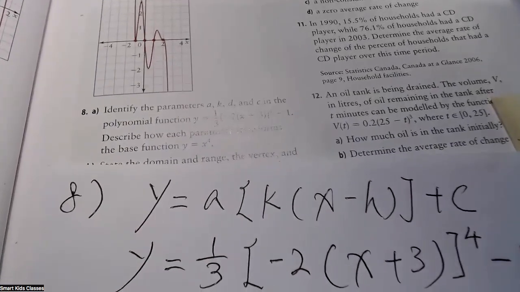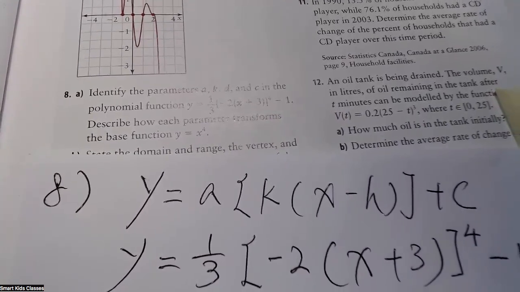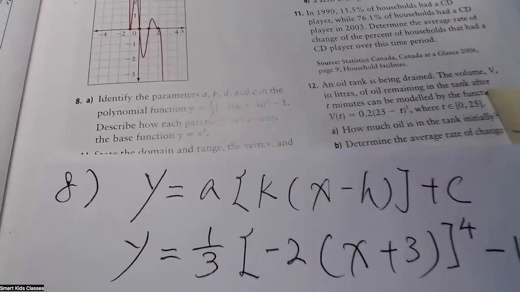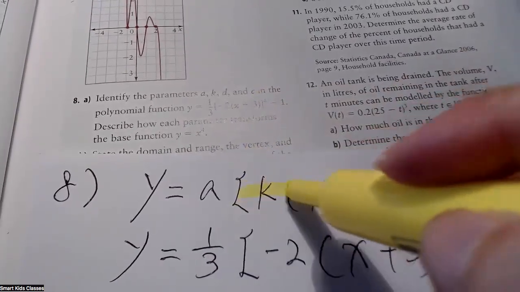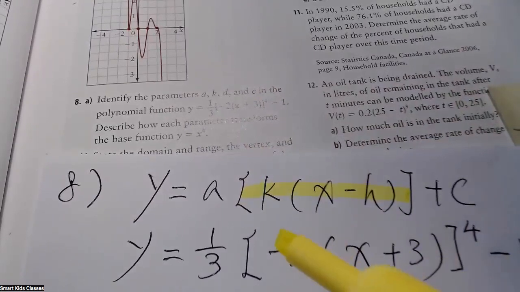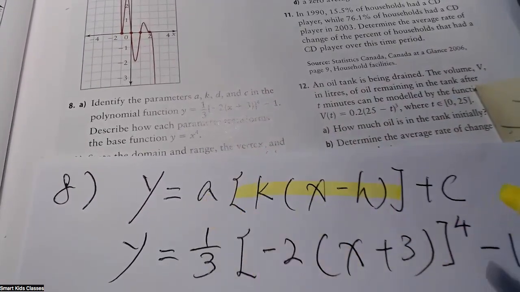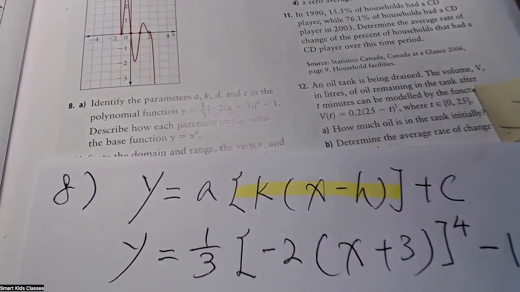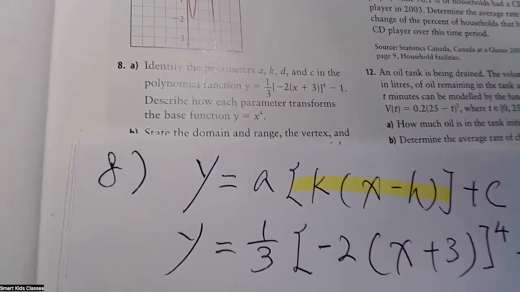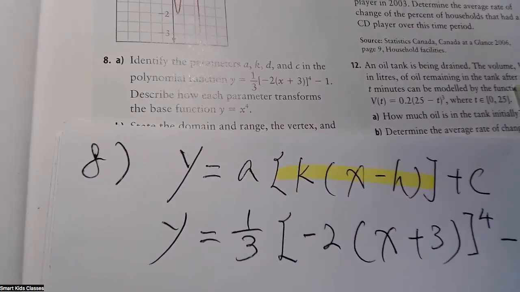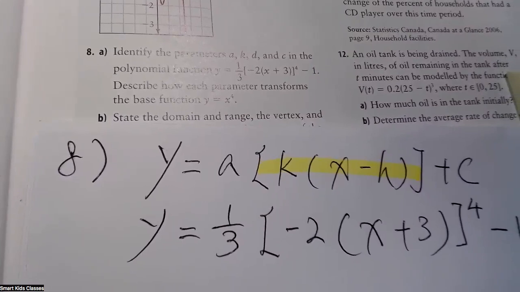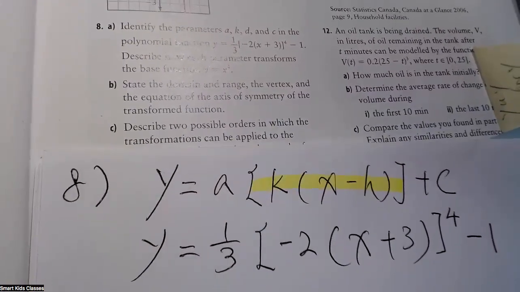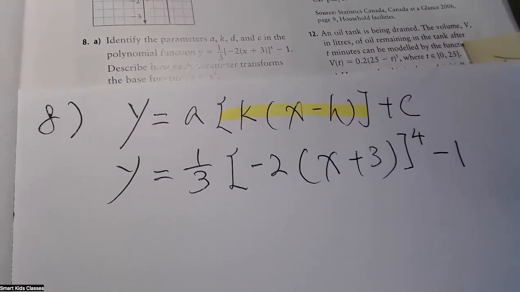Now, the next question is question 8. We are going to identify the parameters A, K, H, C for this formula. Inside the bracket is X movement, and Y movement is only A and C. So we're going to identify what they are, and also describe each parameter's transformation based on y equal x exponent 4 for this equation. So let's start.